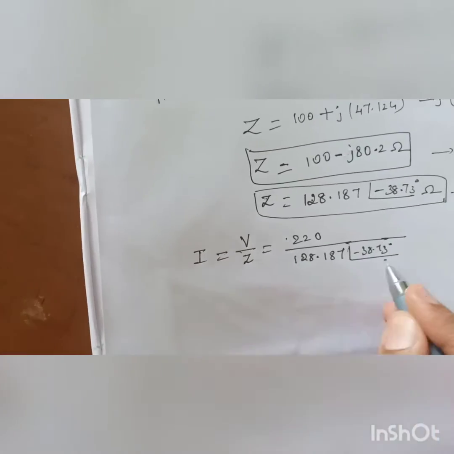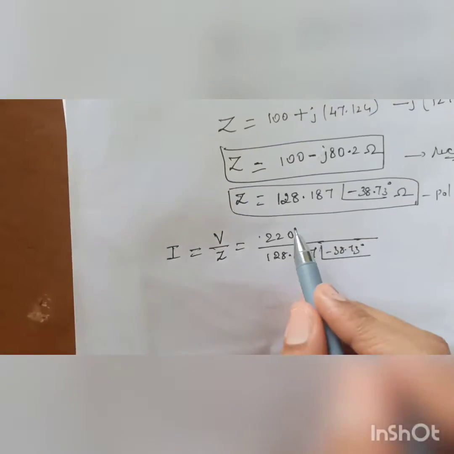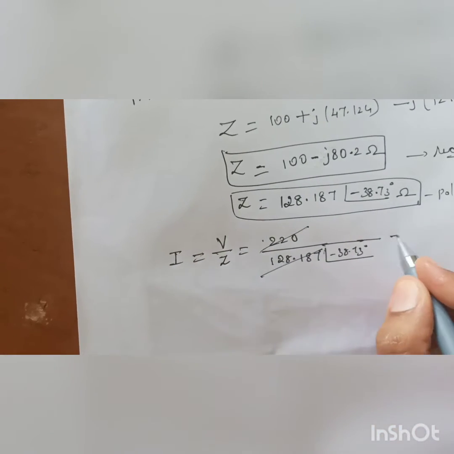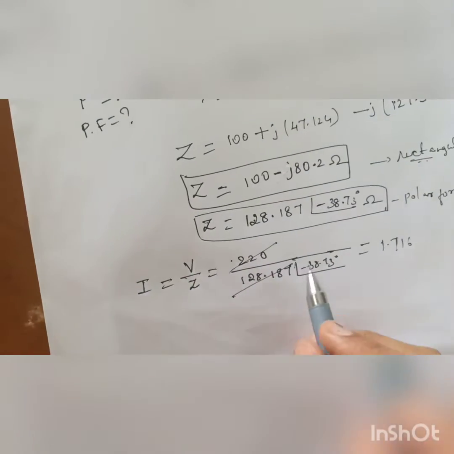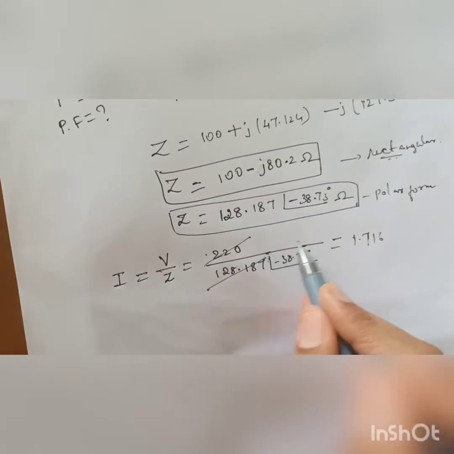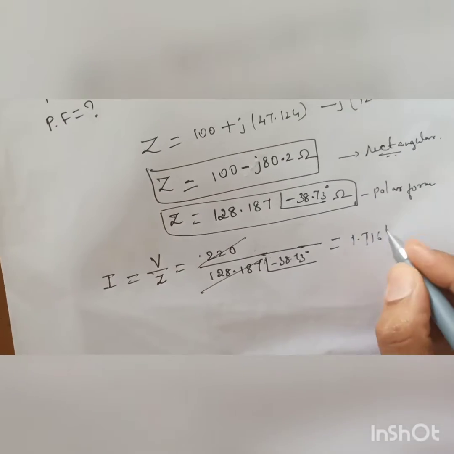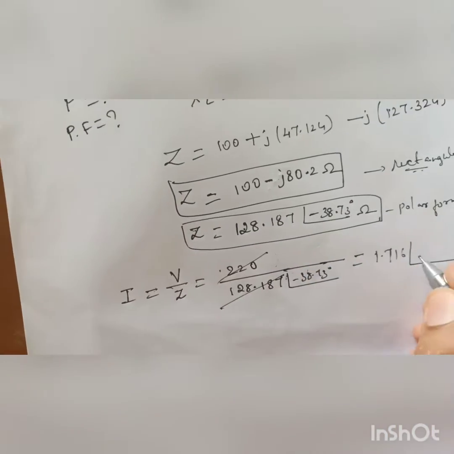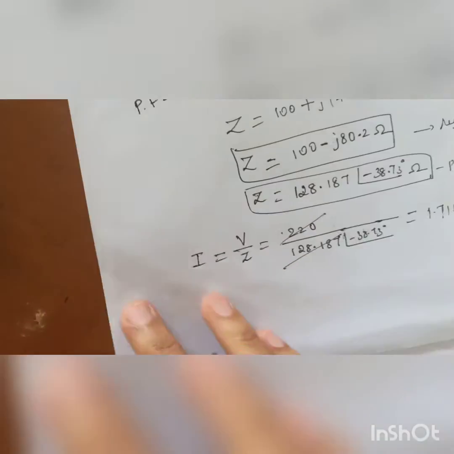We need to keep Z in polar form for dividing. If you divide, you'll get 1.716. There is no angle for the voltage value, so the negative becomes positive: 38.7 degrees amps.